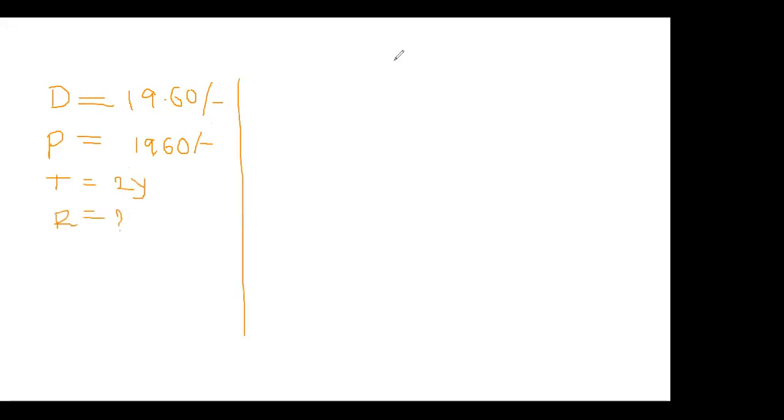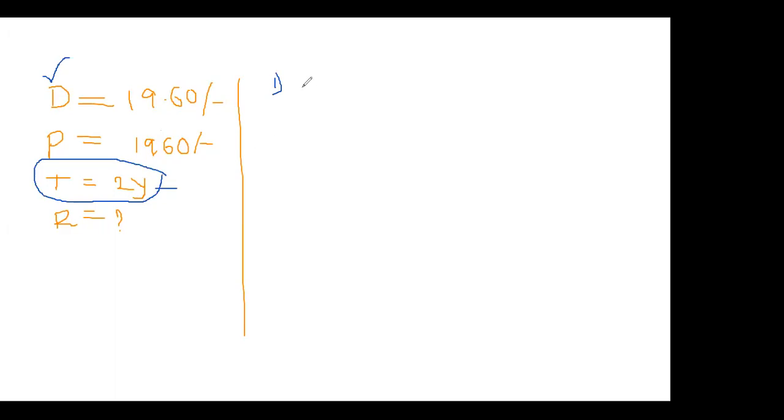Now concentrate on how I am solving the problem. I know the formulas for when they mention 2 years. The problem is related to the difference between compound interest and simple interest for 2 years.